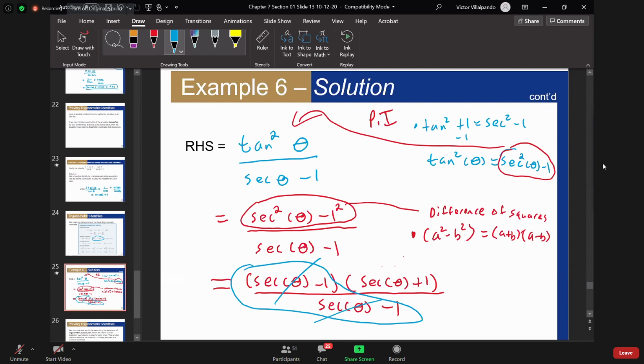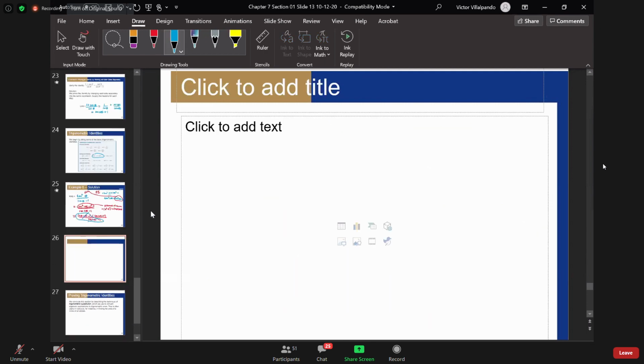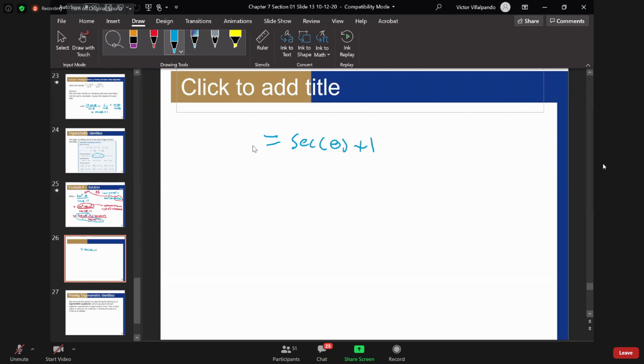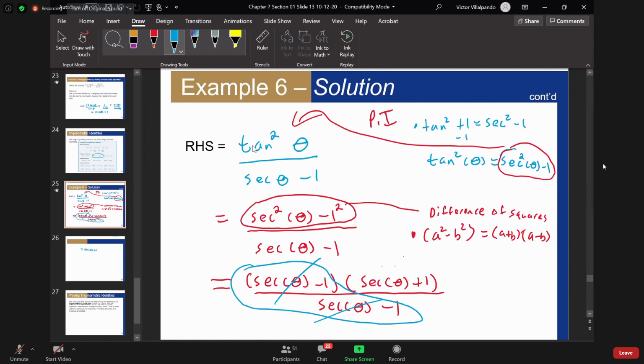And then we're left with secant theta plus 1. Now, the right-hand side was a little bit trickier than the left-hand side because it involved using the Pythagorean identity and the difference of squares.